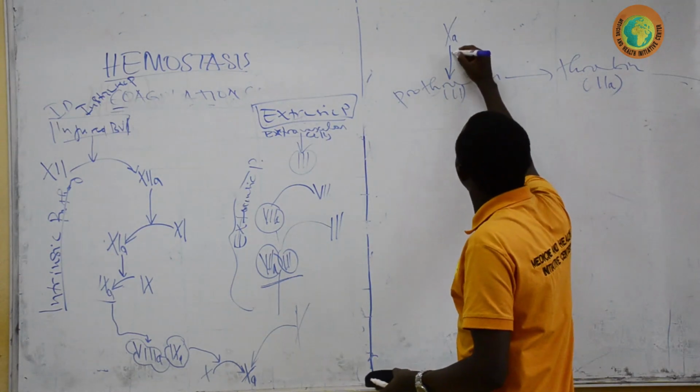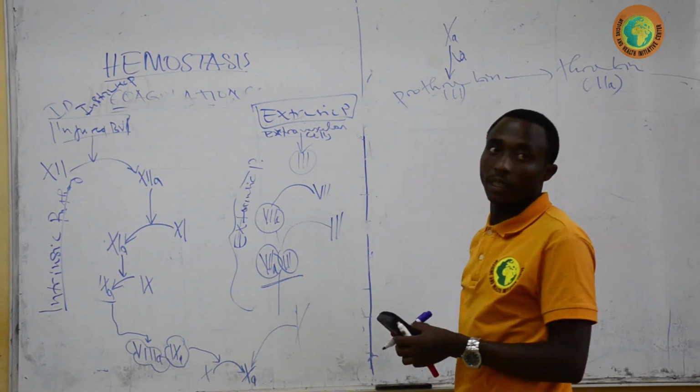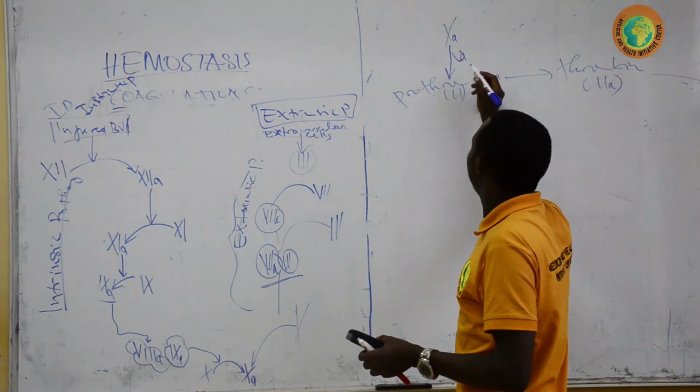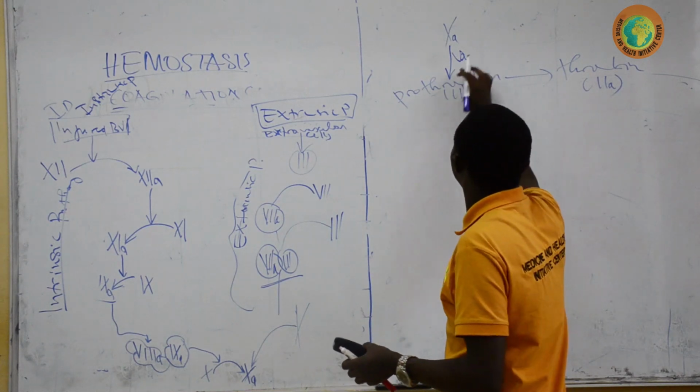But this happens via activated factor 5, which is prothrombinase.